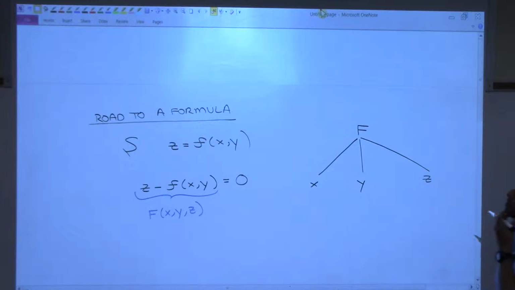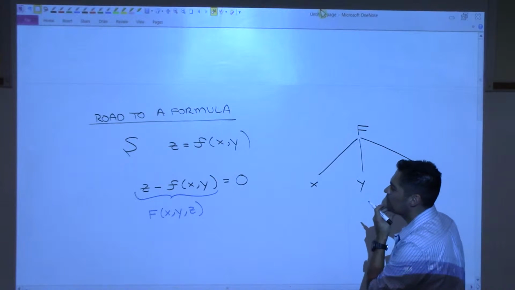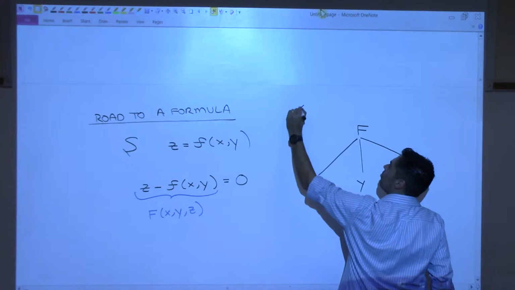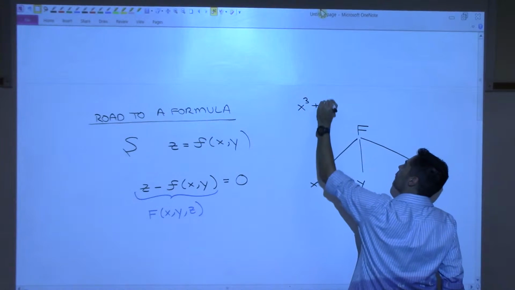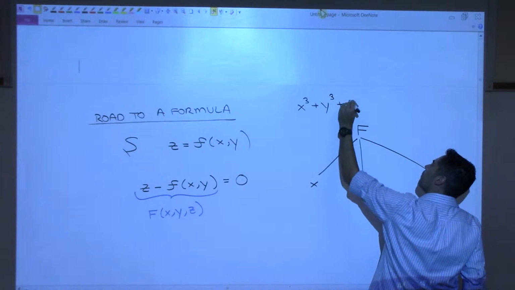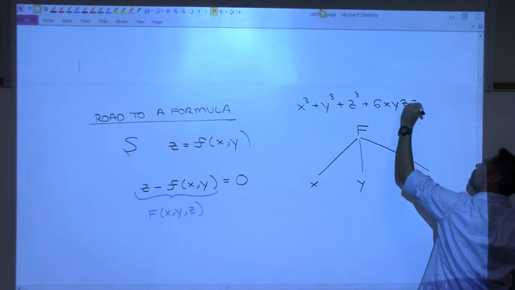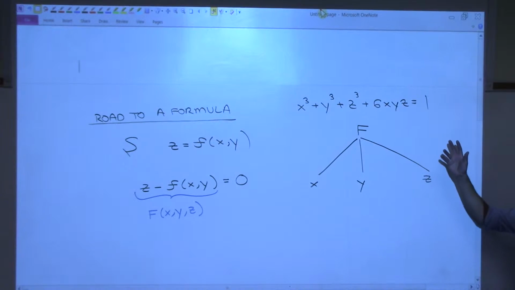Remember the idea here. How can I do this? Let me get the problem that was the goal up here. Remember this was our goal? That was our goal, to be able to find the derivative there.